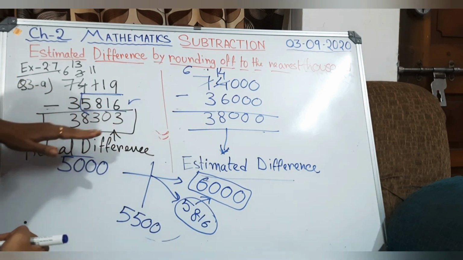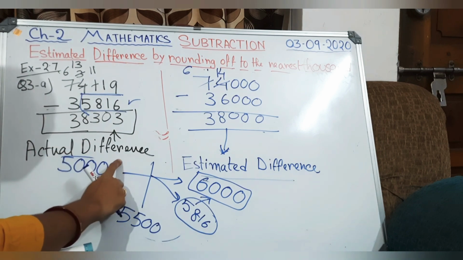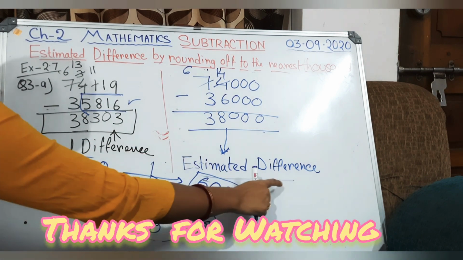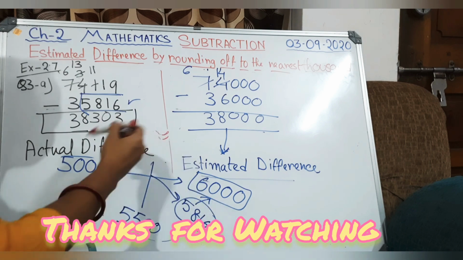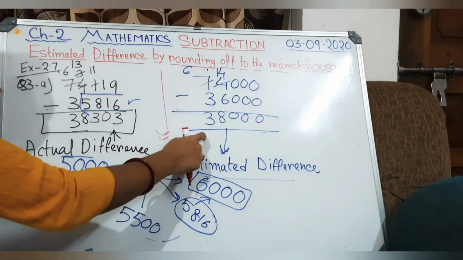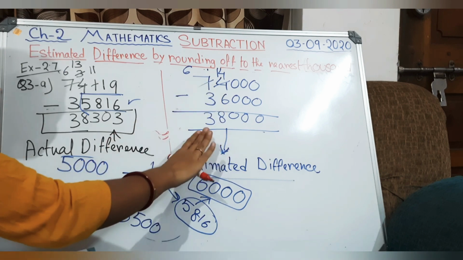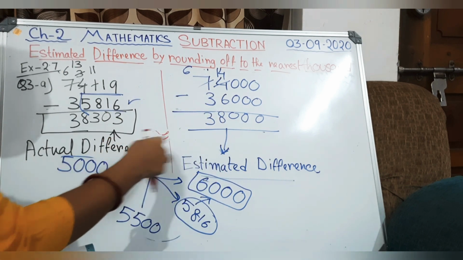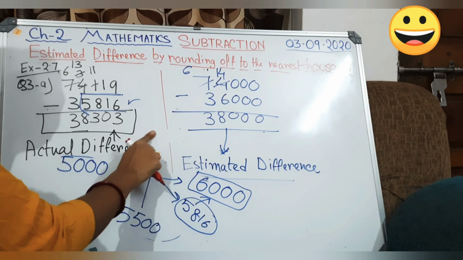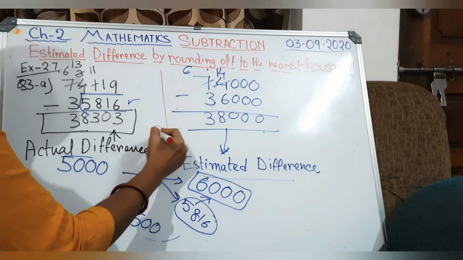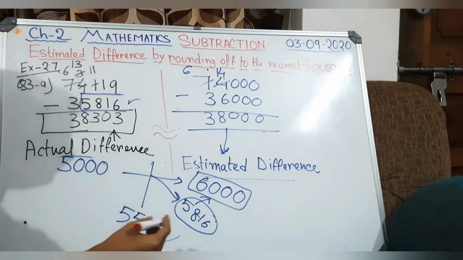Okay. This was my actual difference. And this is my estimated difference. And what is the relation between them? This is only imagined. This is approximate. This is not actual. This is actual and this is estimated. That's why here I have to use this approximate sign. Understood?